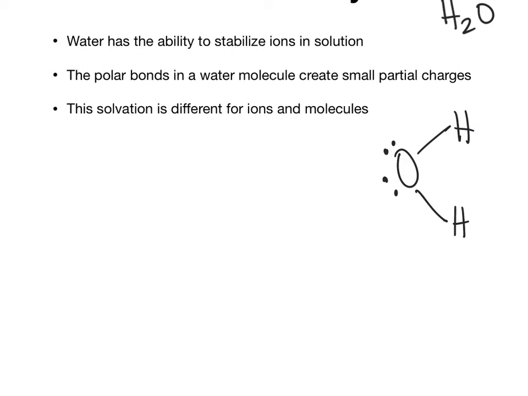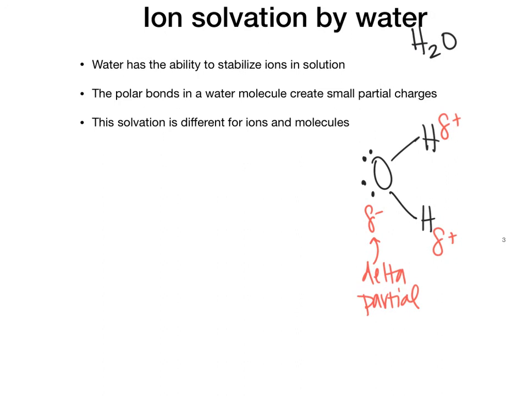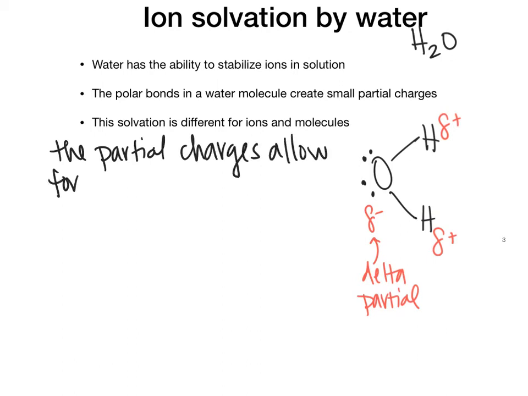Water has a delta minus and a delta plus. The delta symbol means partial. Partial tells you it's not a fully negative charge, so it's not an ion, but it's not a fully positive charge either. These partial charges allow for solvation.